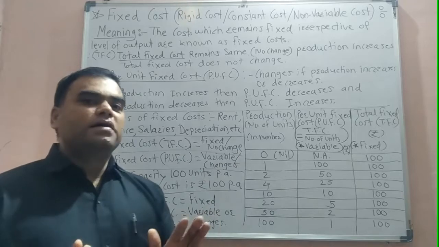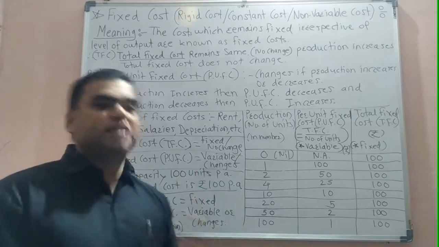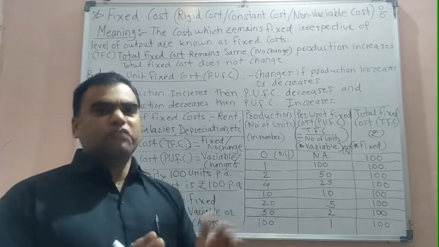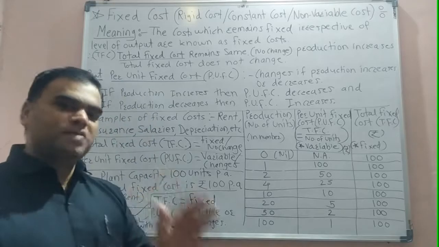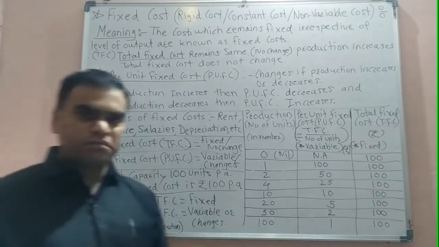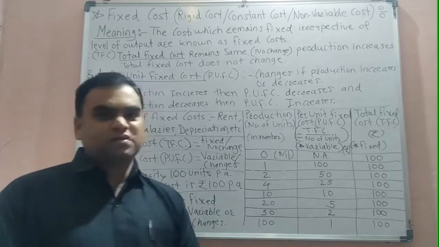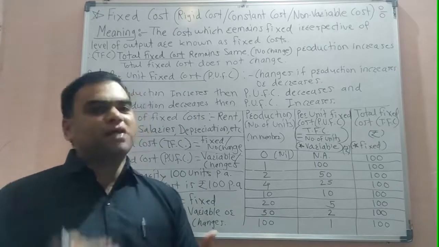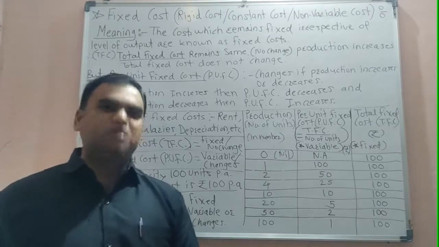That's why such costs are known as fixed cost. It has not changed. Fixed cost doesn't change. So total fixed cost remains the same. The same thing happens in case of insurance also. Insurance premium amount is predetermined and fixed. It doesn't increase or decrease if you increase or decrease the production.